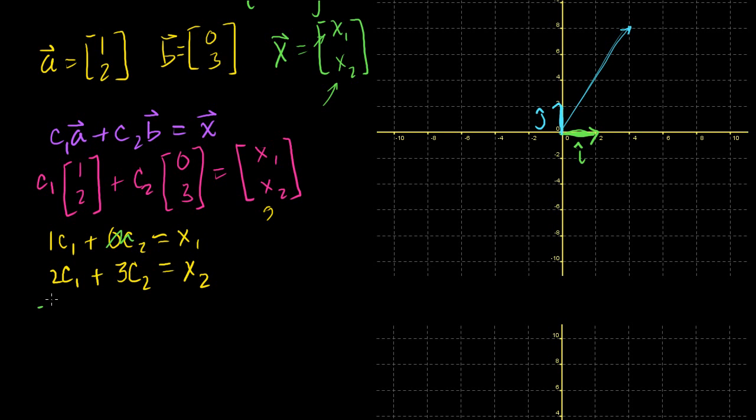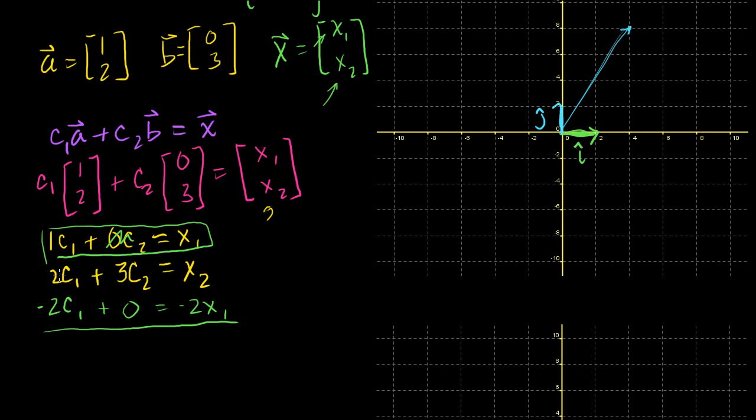So we get -2 c1, I'm just multiplying this times -2, we get a 0 here, plus 0 is equal to -2 x1. And then you add these two. You get 3c2, right? These cancel out. You get 3c2 is equal to x2 minus 2x1. Or divide both sides by 3. You get c2 is equal to 1/3 x2 minus x1.